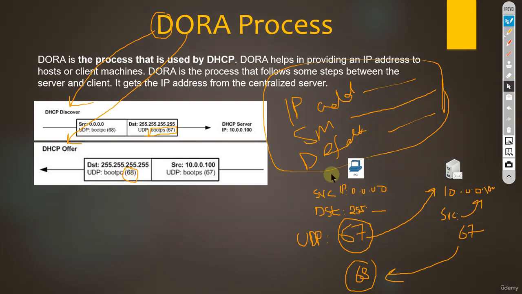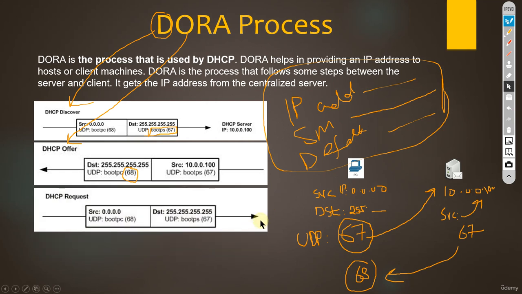Once the client machine receives that packet, it will look into it and say, yeah, that is fine, this is the IP I'm looking for. So it will send a request back to the server: kindly assign me this IP.